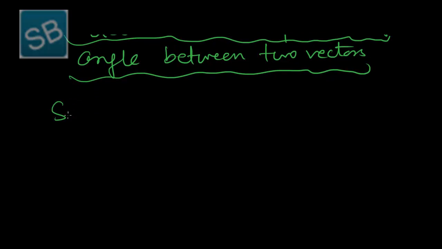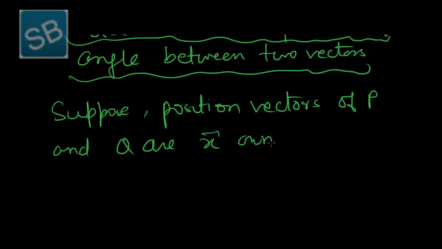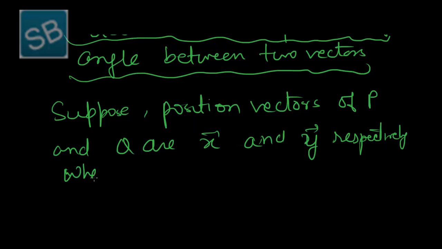Suppose the position vectors of P and Q are vector x and vector y respectively, where vector x is not equal to 0 and vector y is not equal to 0.